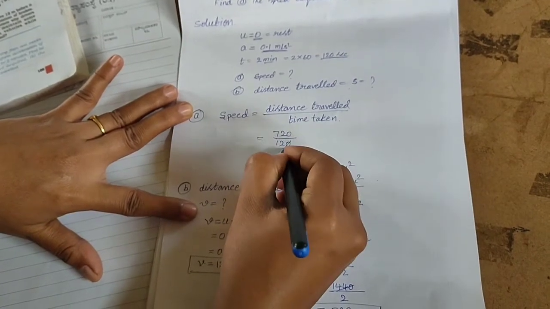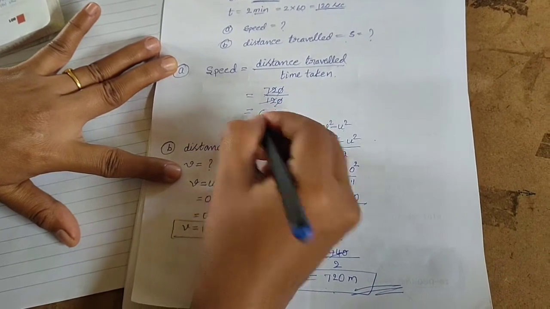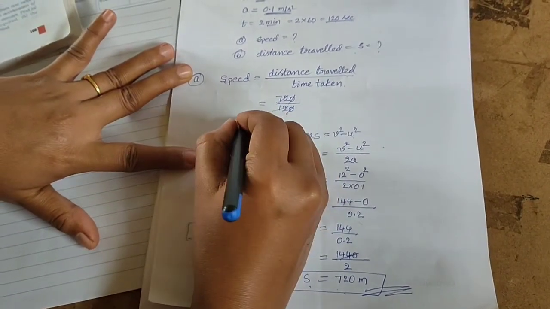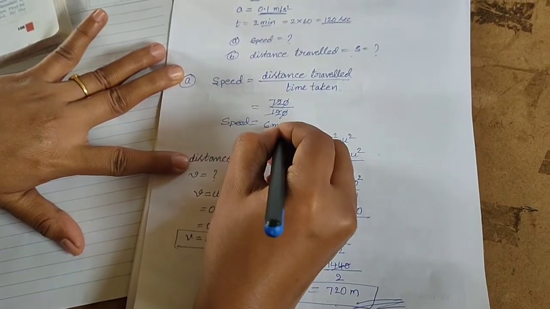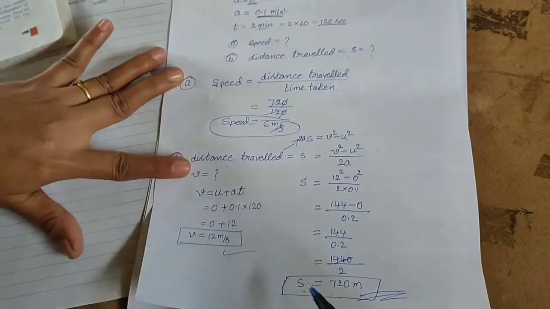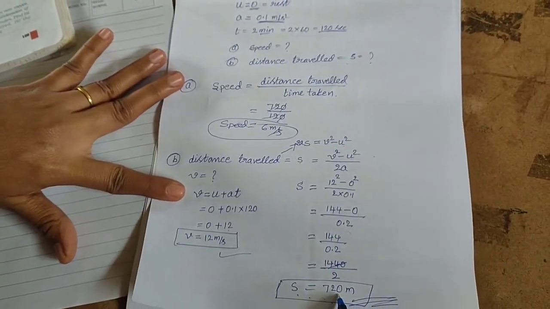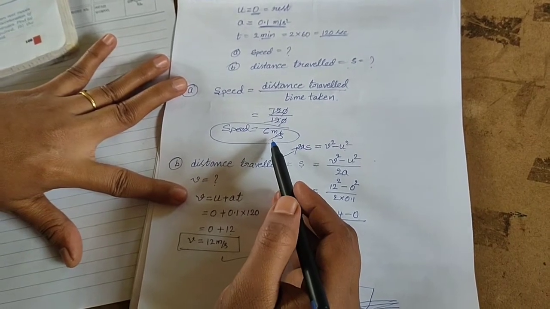So 12 6s are 72. The speed is 6 meter per second. Okay, students, can you understand this one? So distance travelled is 720 meter and speed will be 6 meter per second.